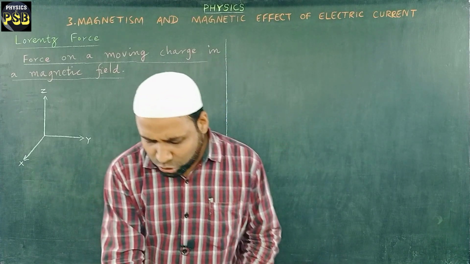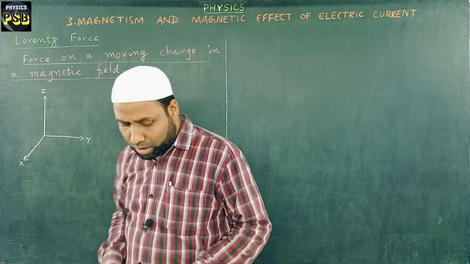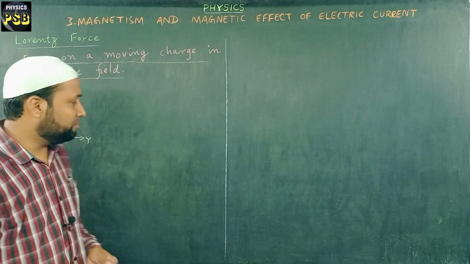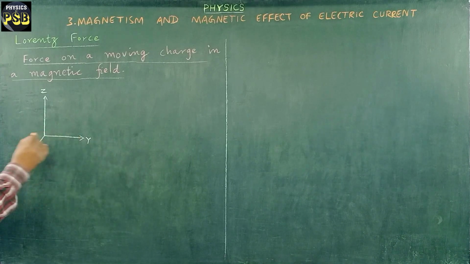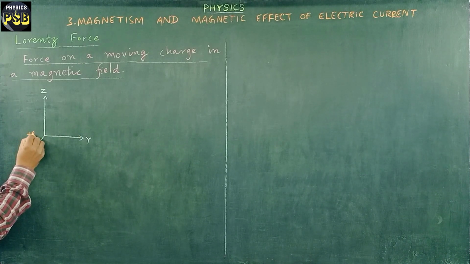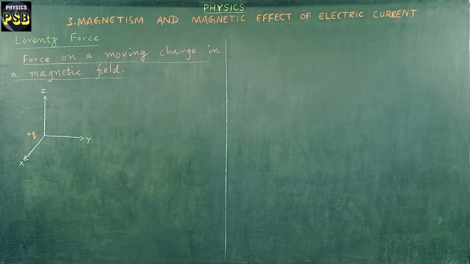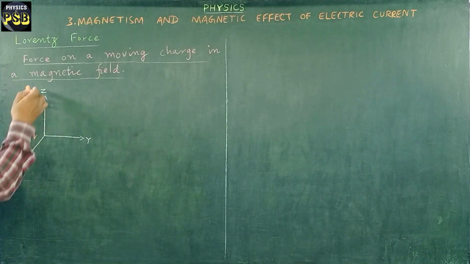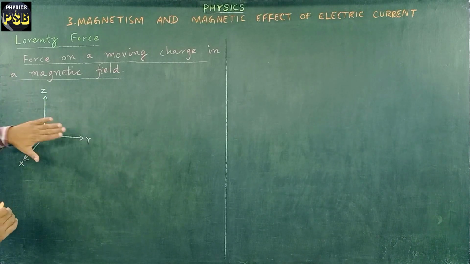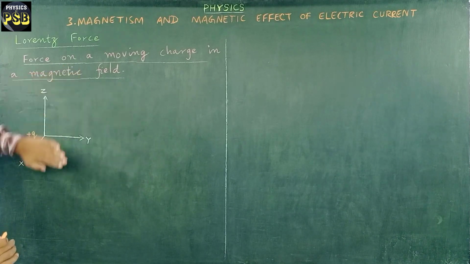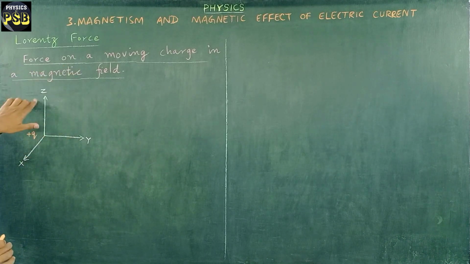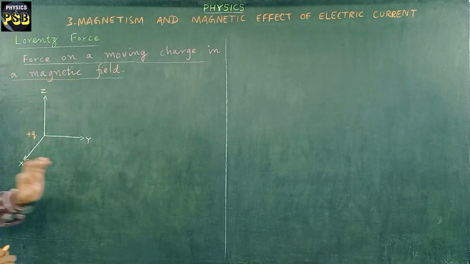Now, in one such coordinate system, if I take a particle with a charge plus q moving along the yz plane, now these two axes combine together to give a plane. These two combine to give us a surface. We call that surface a plane.